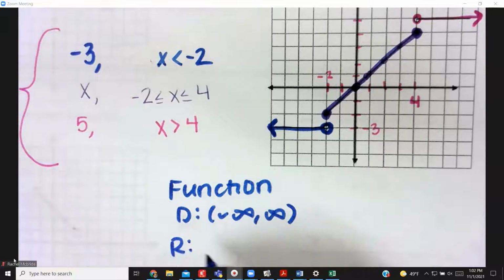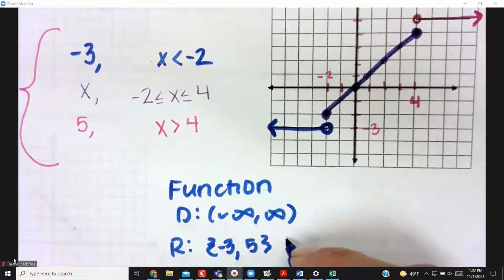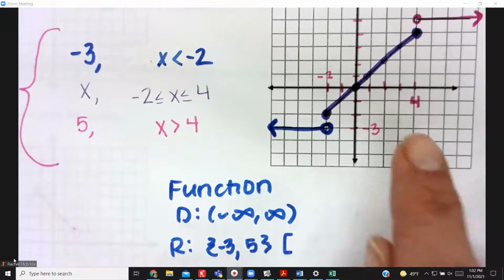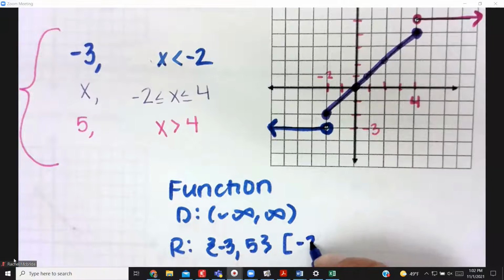Its range is the set 3, negative 3, and positive 5, as well as values from negative 2 to positive 4.